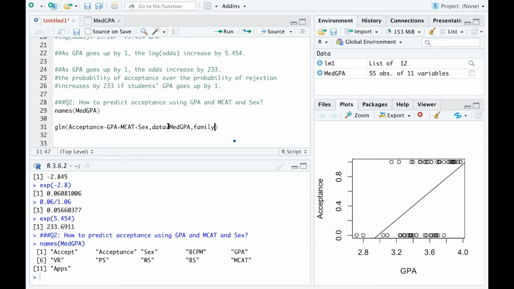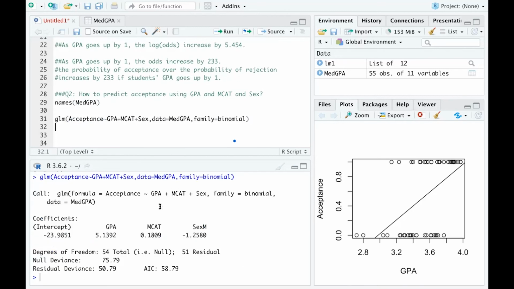And family still equals binomial because my response variable is a binary response. So I can run this line, and I'm getting a model with all these coefficients estimated here.